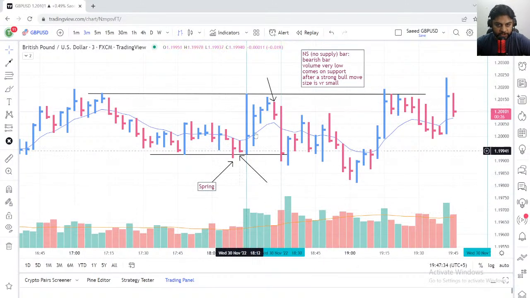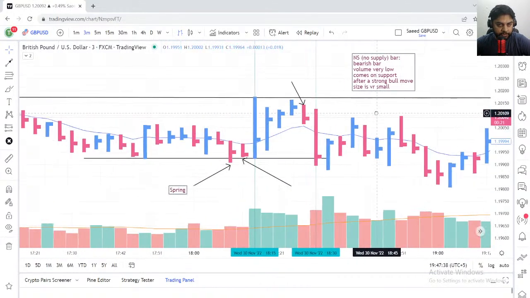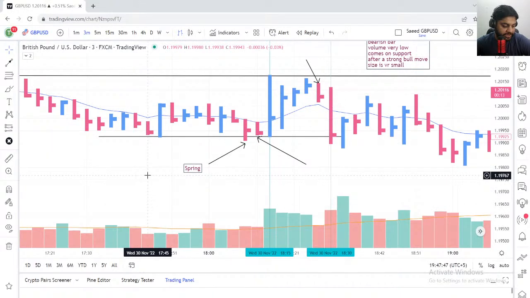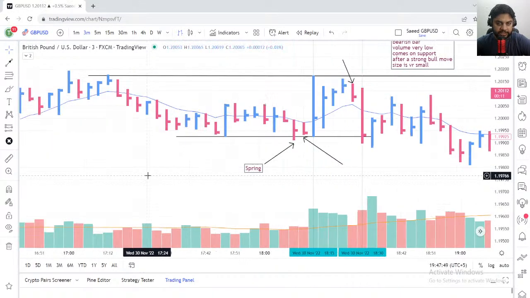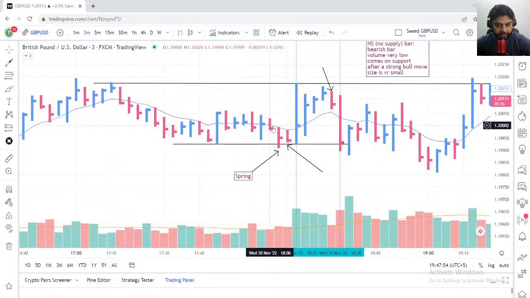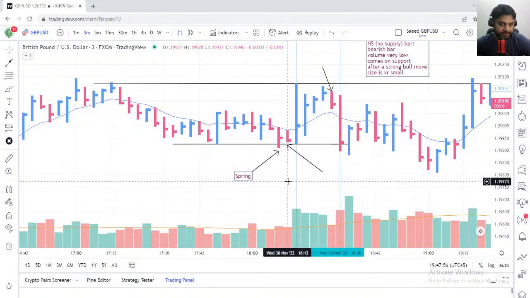Okay, so now this is a spring, and there are two possible opportunities for you. If you want to buy at a spring, that's fine, but you can also buy on the no supply test bar. Now about the question which Khalid Ji is asking: how do you know that the market will not fall further after this?